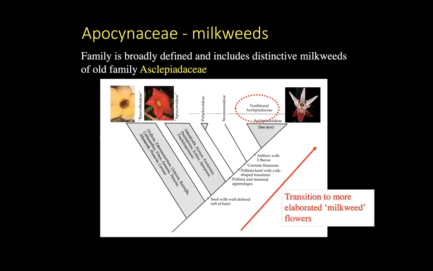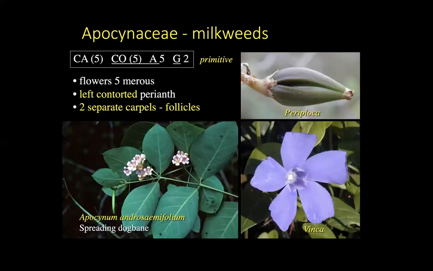Now we're going to see some really amazing evolutionary innovations of the corolla as we evolve towards the milkweed form. You could kind of argue that milkweeds are about as cool as orchids. But in general, what are the features that all milkweeds share? Well, it's going to look a lot like gentians, but their base numbers are 5, never 4.